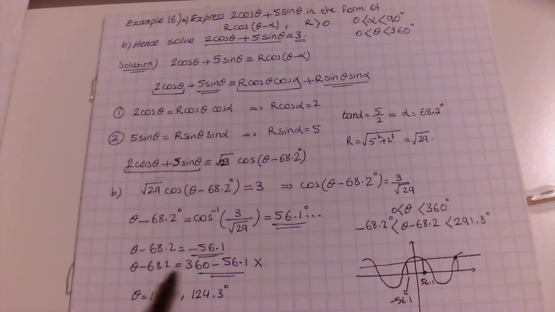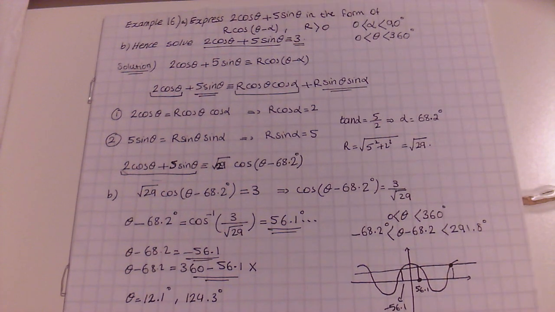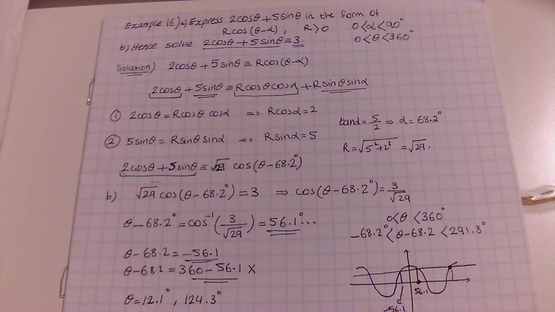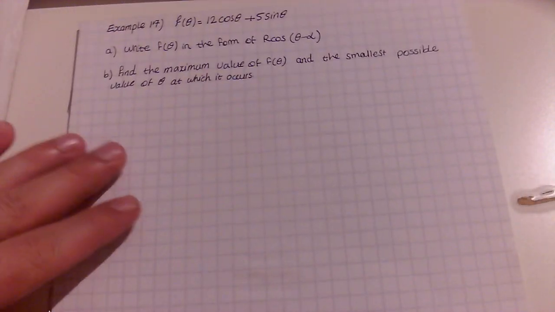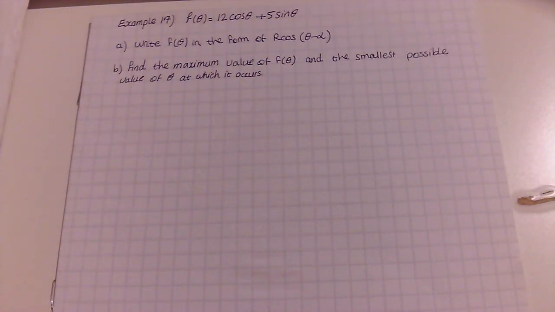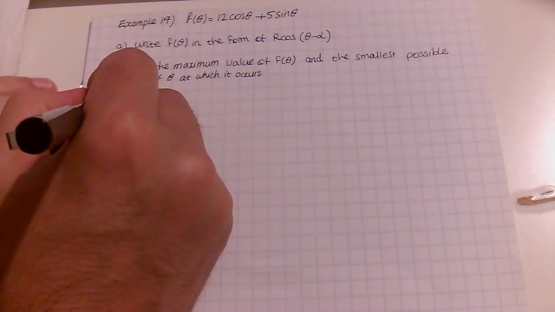These will be the number of solutions. So here is minus 56.1 because of symmetry. It can go down to negative 68.2. So this is part of the solution. This one is another solution. And here is another solution, which is 360 minus 56.1.